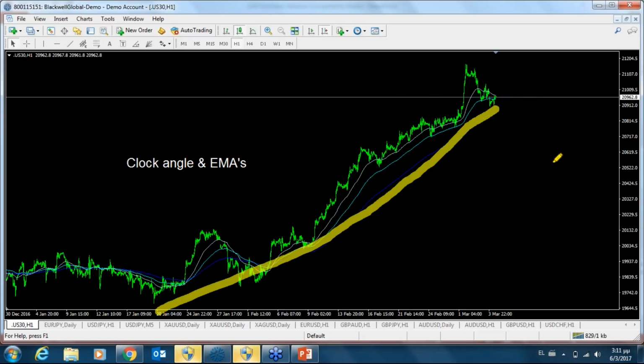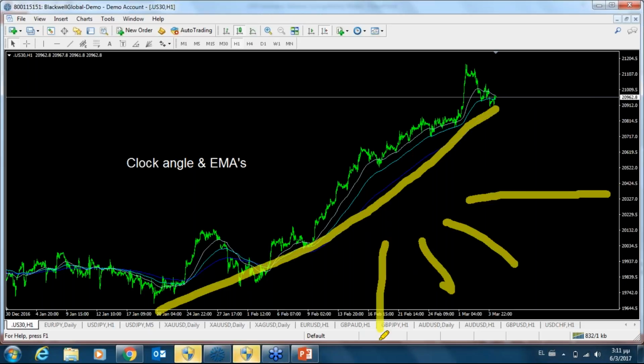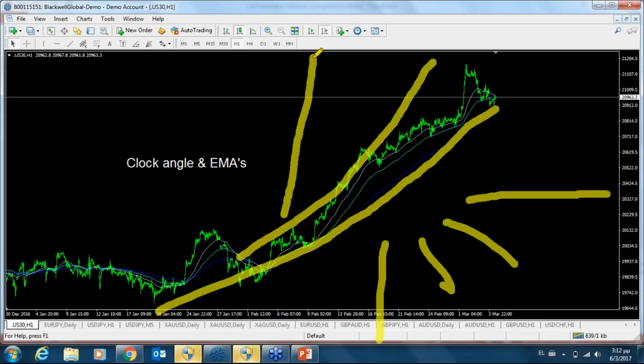Of course 2 is slightly lower, and then 3 is all the way here, and 4, 5, 6. If it is steeper, then you've got a stronger trend to the upside because it's closer to the 12 o'clock angle. So you've got 12, 1, 2, 3, 4, 5, and 6 o'clock. The 4, 5, and 6 o'clock angles usually give you sentiment to the downside, or bearishness.